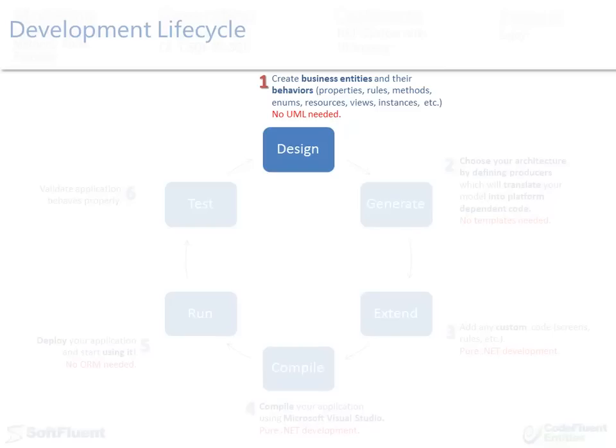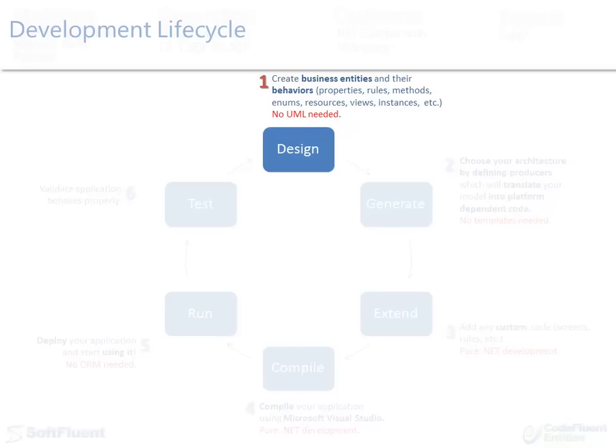So you're going to start by defining your business logic in this model. And at this stage, you're totally agnostic of any technology. We specifically focus on the key concepts of our application and their properties, their relations between one another, entities, rules, methods, and so on. And we'll see that in the demo after.